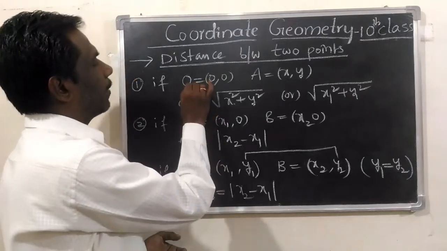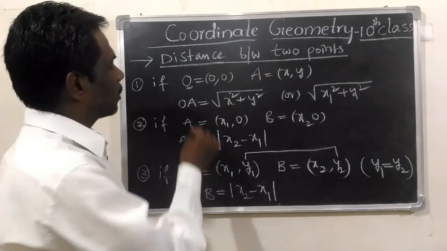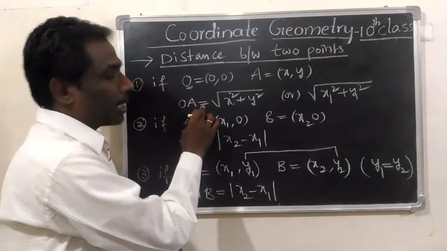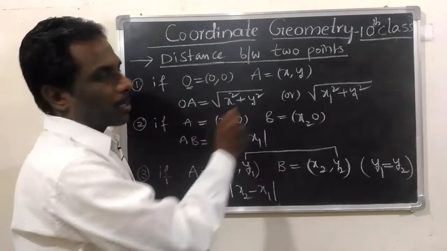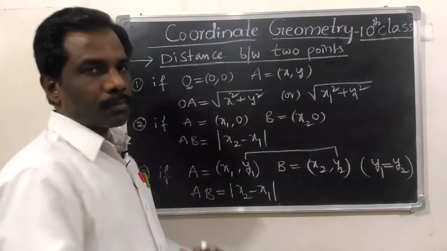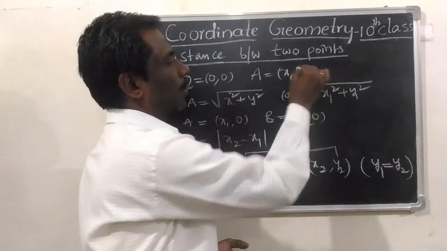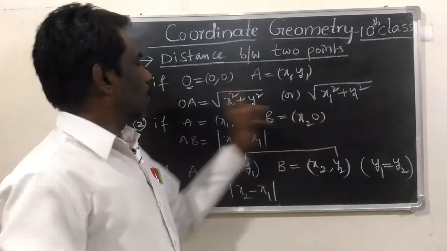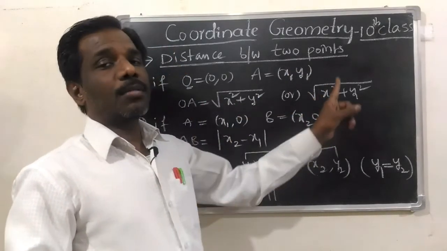Then the distance between origin and point A, OA, is equal to under root of x square plus y square. Or if we assume this point as x1, y1, then OA is equal to under root of x1 square plus y1 square.